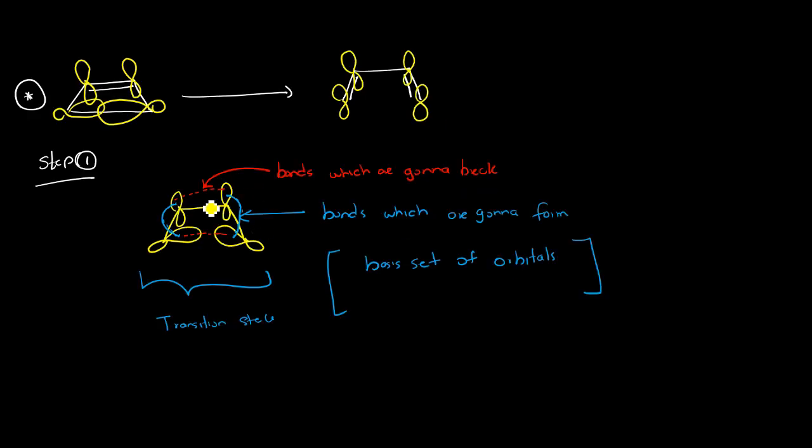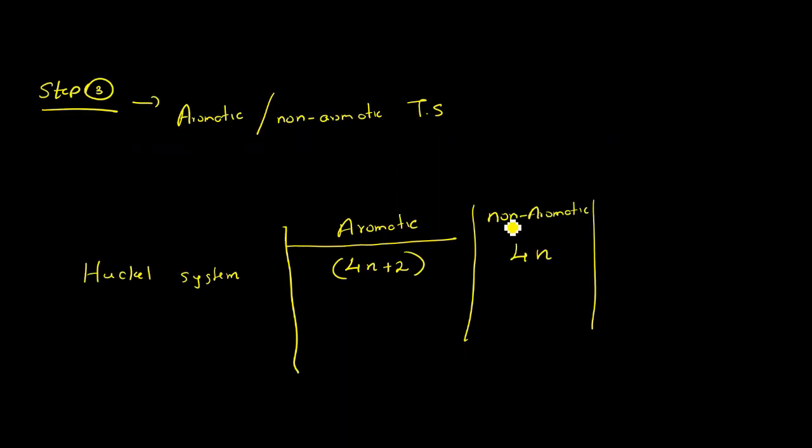This is the bond which is going to break, so this is the place where 2 electrons are positioned. This is the place where 2 electrons are positioned. There are no electrons in here yet. All these interactions are based on these 2 pairs of electrons. So a total of 4 electrons are there to interact with each other and form this transition state. So our number of electrons is 4.